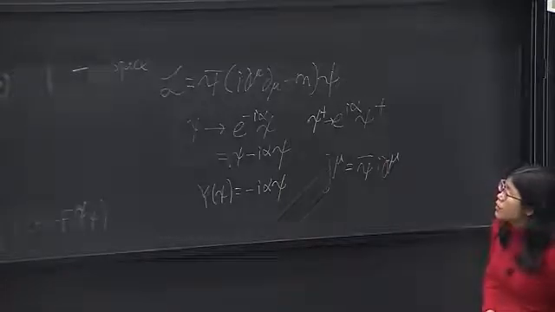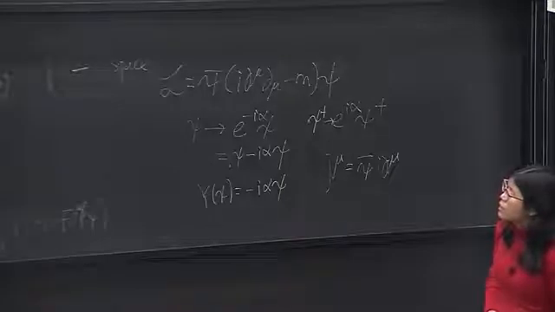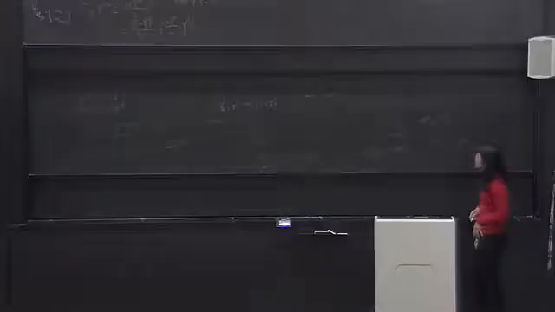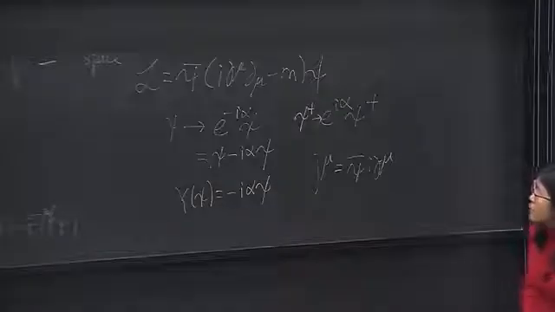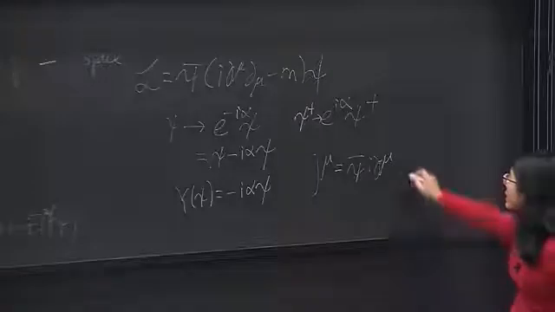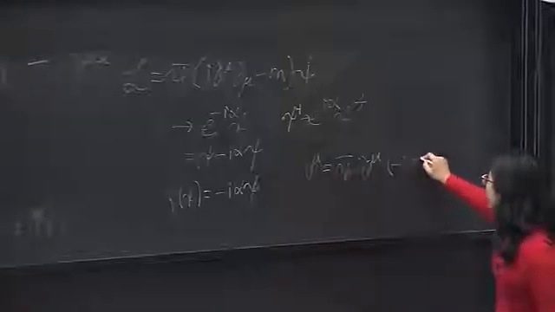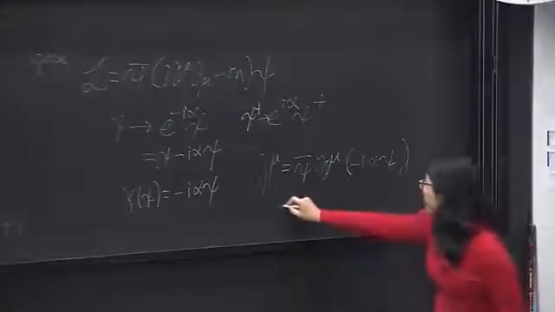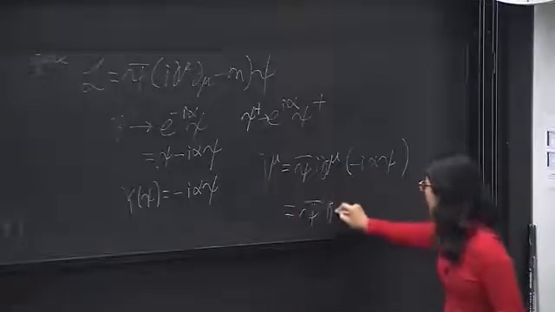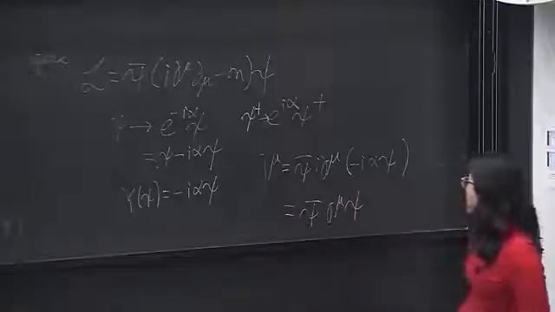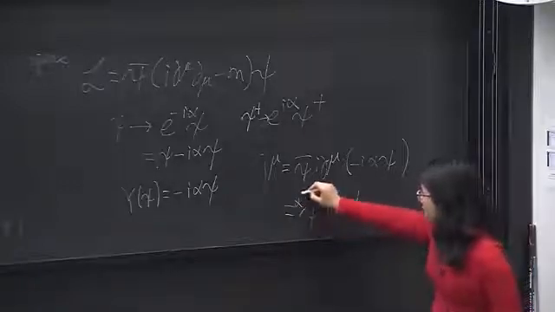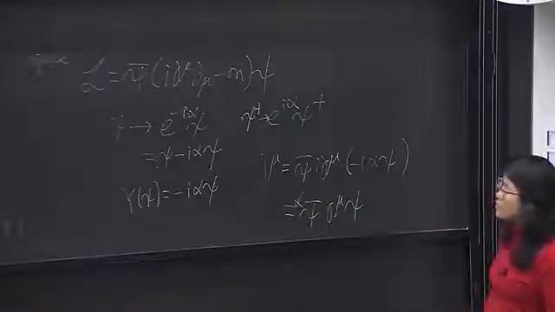And I want to replace the delta psi thing by minus i alpha psi. And then it gives me psi bar gamma mu psi. And alpha is an infinitesimal parameter, we just throw away when we get the current.